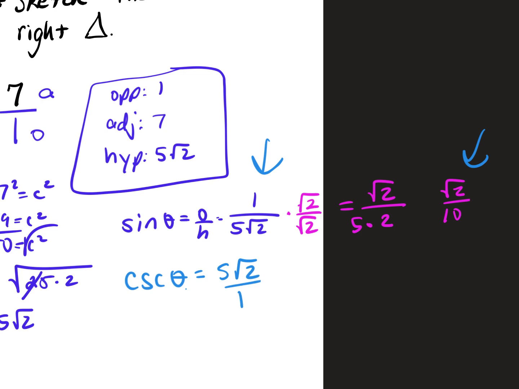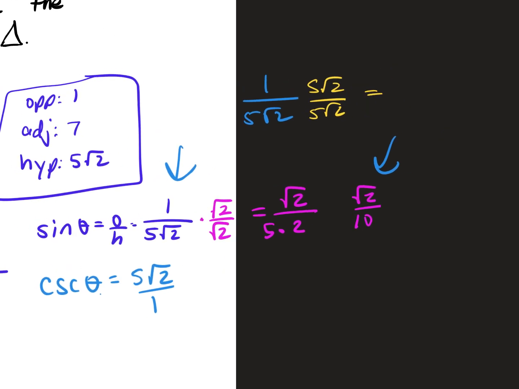There you go. But understand, if you have a radical in the denominator, you have to rationalize. You've got to get it out of there. You could multiply top and bottom by 5 square root of 2. That would be fine. It just makes your simplifying at the end a little longer. Like if I had 1 over 5 square root of 2, and I multiplied the top and bottom by 5 square root of 2, you could definitely do that.